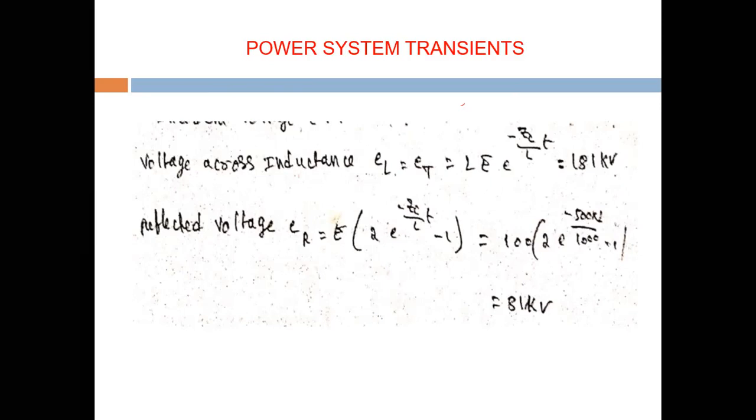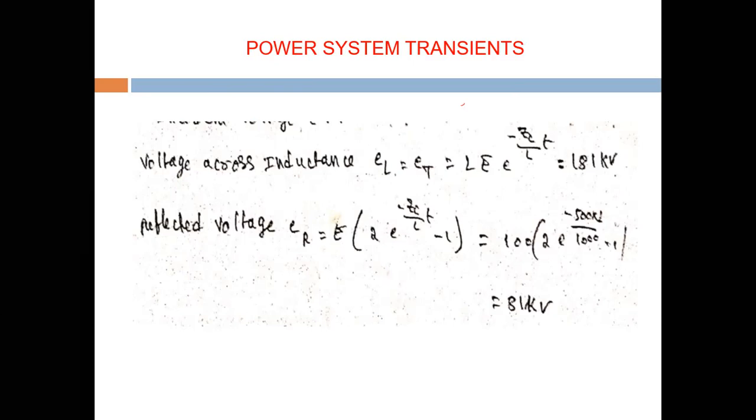In these problems, the voltage across the inductance and the voltage across the capacitance are calculated by using different formulas. In this unit, the remaining topics are the attenuation and distortion, and also the types of transients.